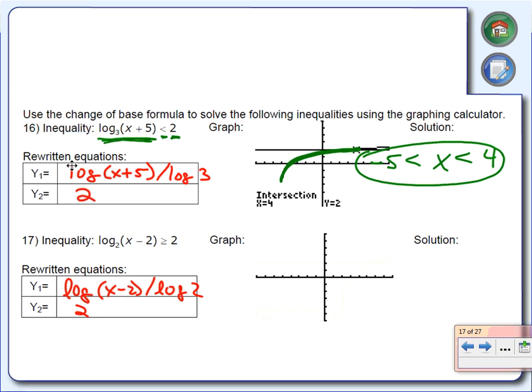And let's graph this one and see what happens. Remember, guys, we're looking for that point of intersection. It's important for us. It's part of our solution.